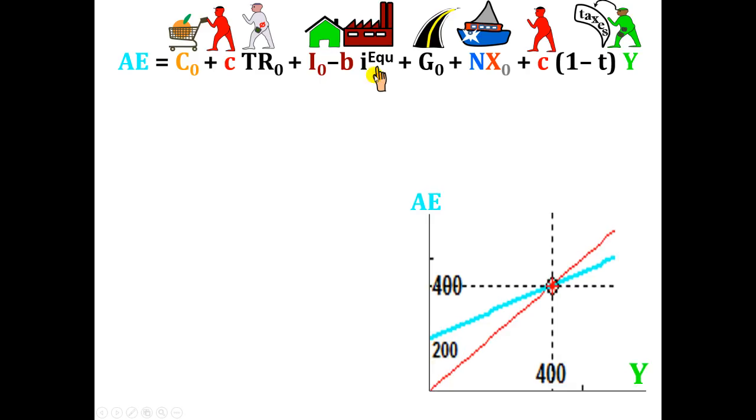If we want to draw this aggregate expenditure curve, then we need this value, otherwise we cannot draw this curve.